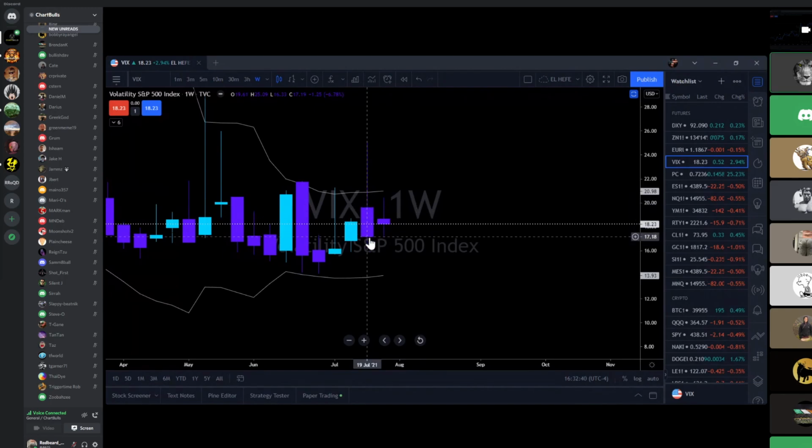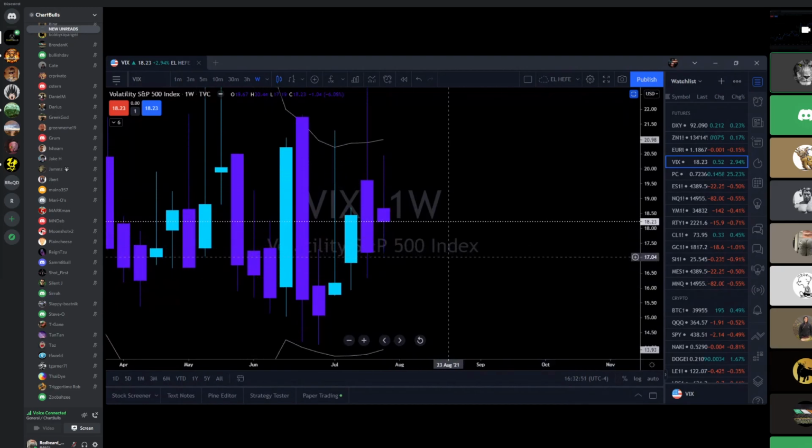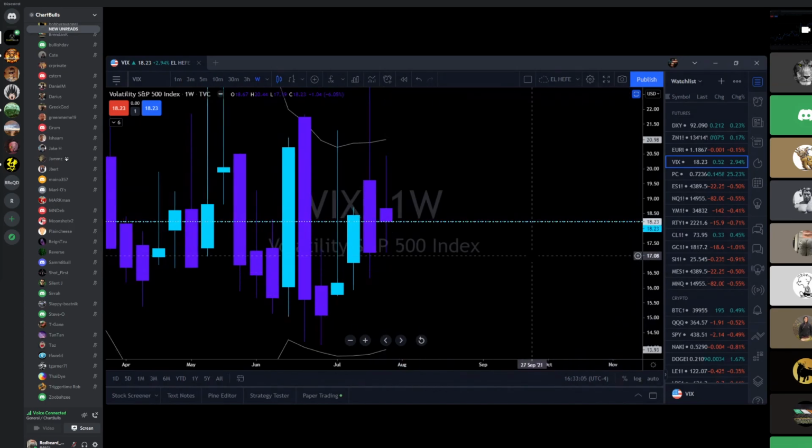Because I'm using the open of this week and the close of the last week. So today, if I'm mapping out levels for tomorrow, I'm going to use the close of this week, which would be 1823. So I'll go ahead and put a line right there.